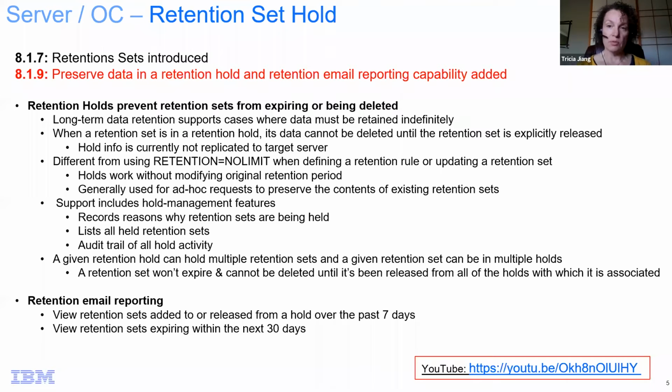So in 8.1.7, we introduced retention sets, where you can take existing backup data and create a retention set around it, and that is now going to hold that data even after it has expired from your normal versions, for that specific amount of time. So maybe I'm taking that retention set on the first of the month, and I'm holding that data for 7 years.